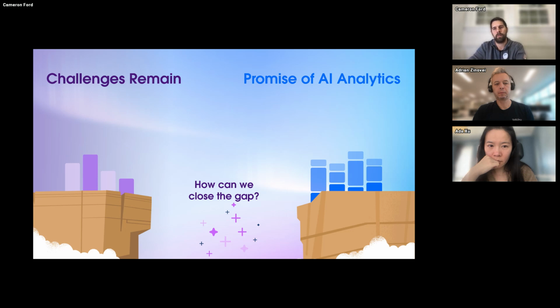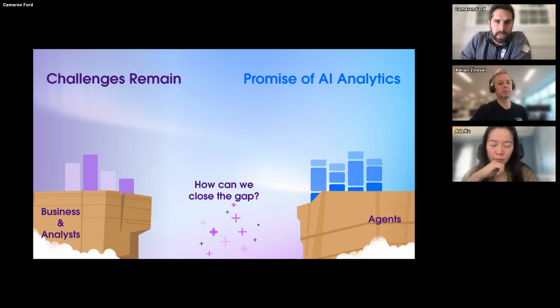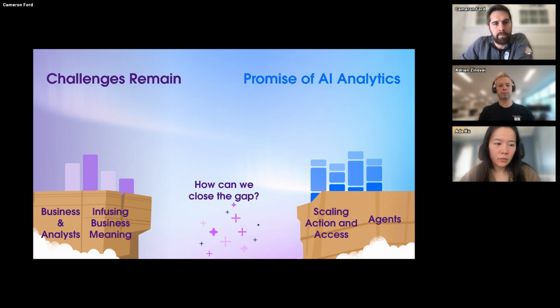And so if this all sounds really good, we need to figure out how to close that gap, right? On one side of this sits our business and analysts, and on the other side of it sits our agents, right? Who are this autonomous way, the promise of that autonomous action. And so we needed a platform that allows business and analysts to infuse business meaning on top of their data, right?